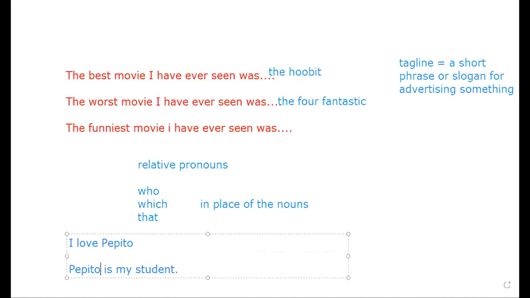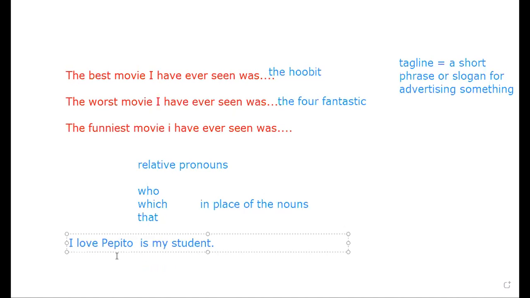Pepito is my student. Look, I love Pepito, Pepito is my student. Different sentences. Now, let's use just one sentence. And who is my student is the dependent clause. So, I love Pepito, who is my student.